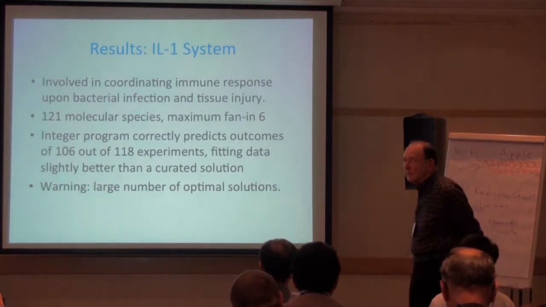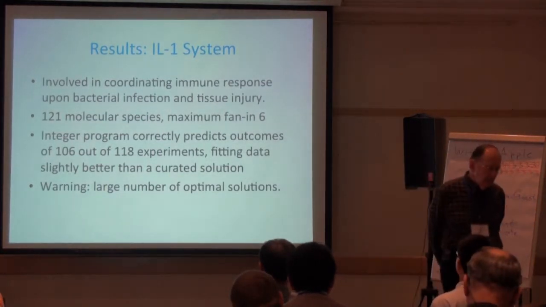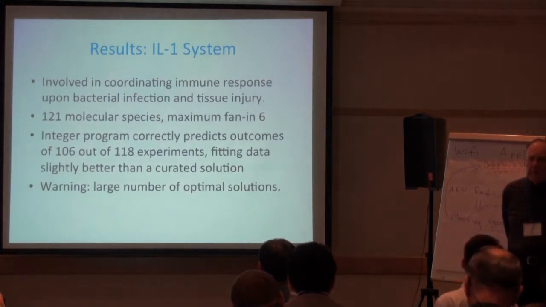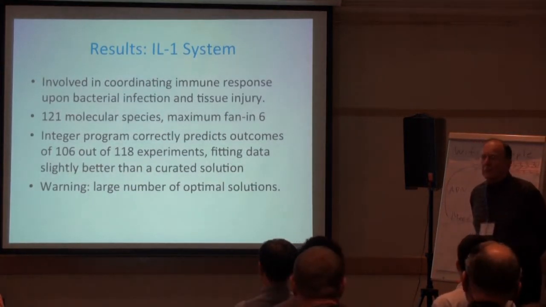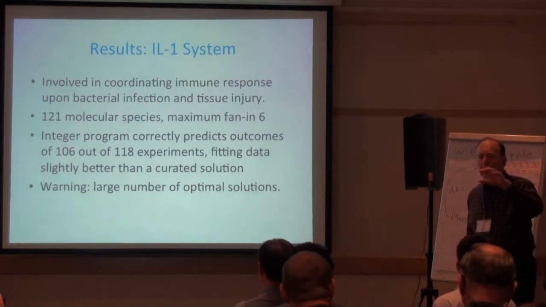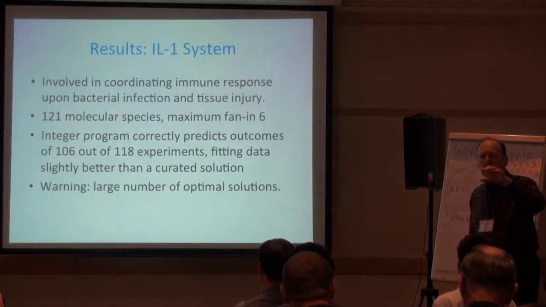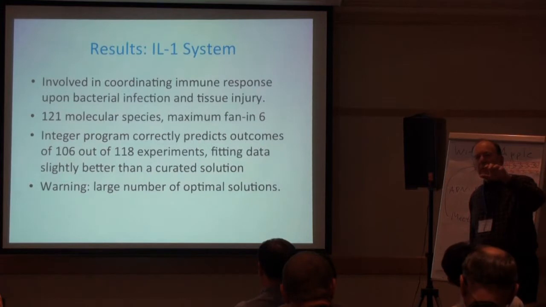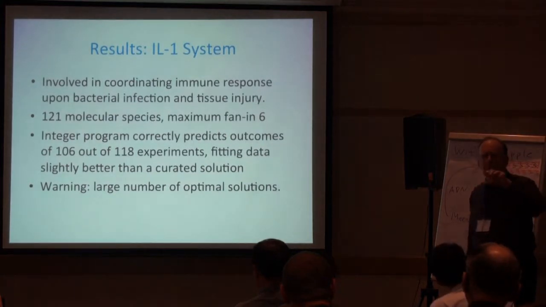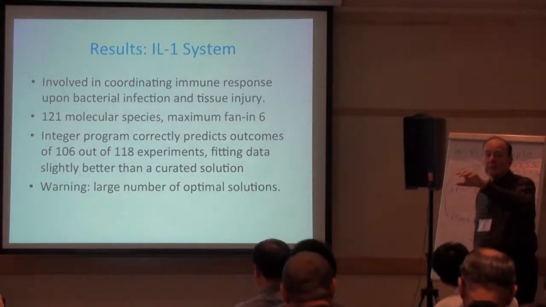So you might ask, how applicable is this technique going to be? It seems to work well, but the catch so far is that it assumes that you know the wiring diagram of the circuit. You don't know the Boolean functions, but you know everything else.